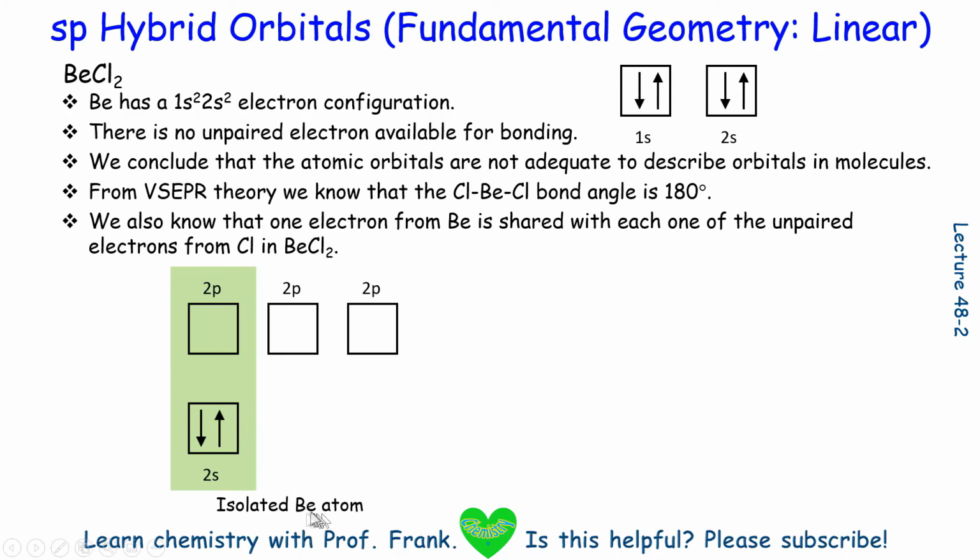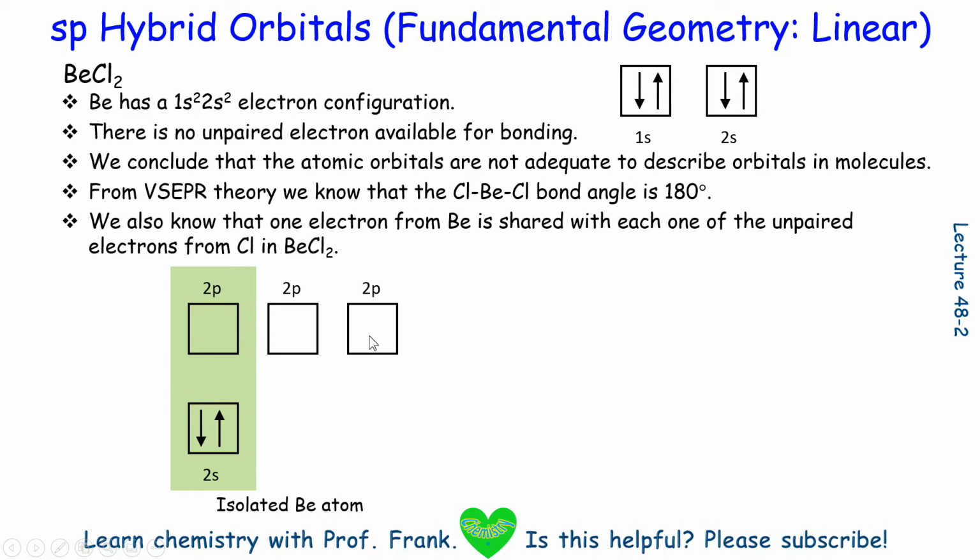First, let's take a look at the isolated beryllium atom. We only concentrate on the valence electrons, which means just the 2s2. Be also has 3 2p orbitals, which are obviously empty in the isolated Be atom.